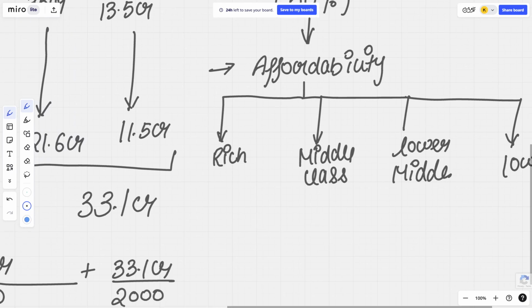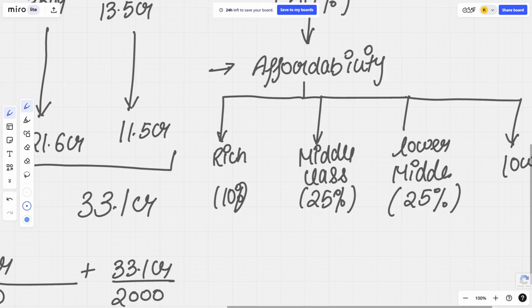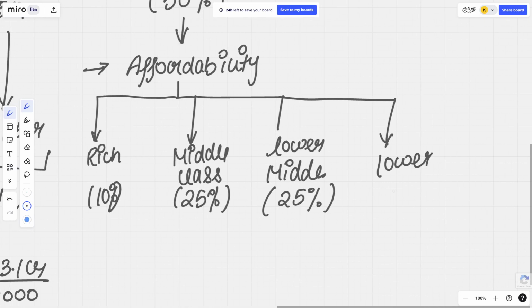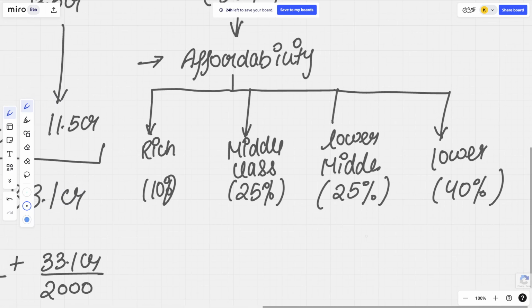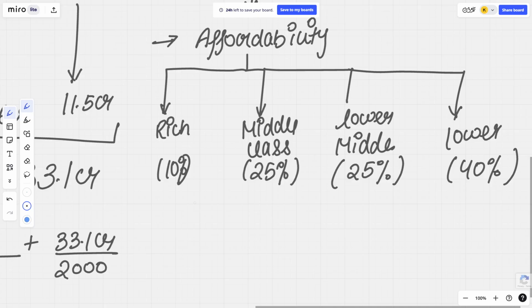And we have to give some percentage to these users. So let's say the rich are 10% of the entire population, and middle class will be, let's suppose, 25%, lower middle class is also 25%, so 20, 50, 60, and lower class is 40% of the entire population. So yes, I have segmented.